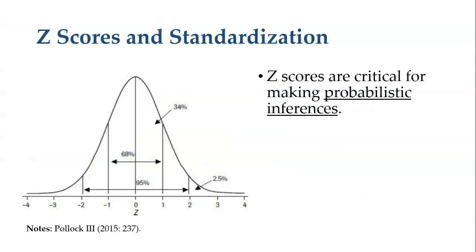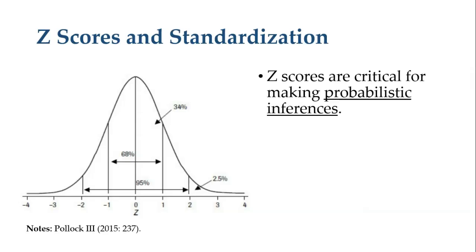So the C values are very powerful, and the standardization is very powerful, because it allows us to make probabilistic inferences about the occurrence of these events. Not only where they are located in relation to the mean and the standard deviation of this sample, but also to what extent we can expect that this happens again if we sample this distribution.